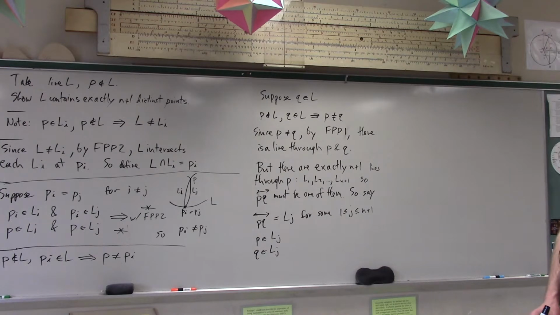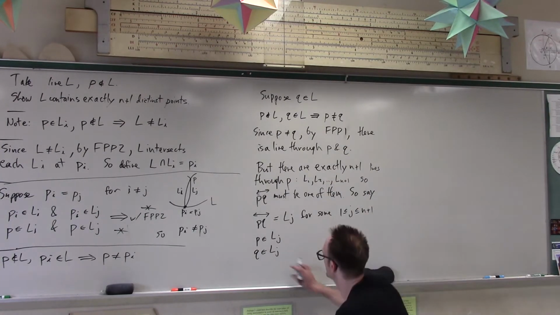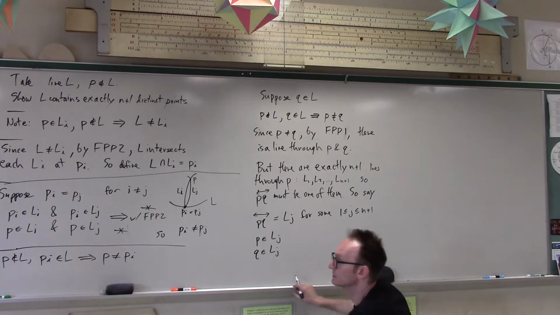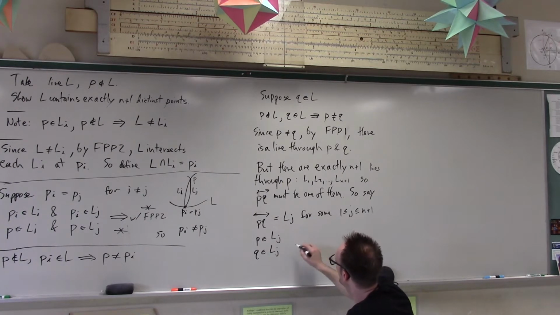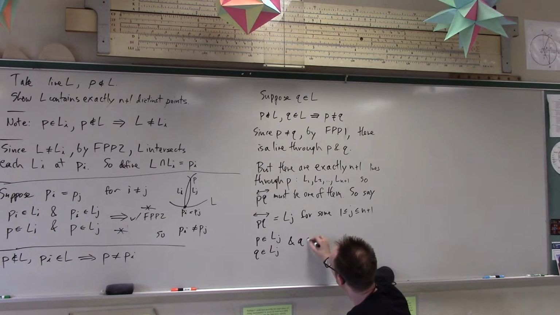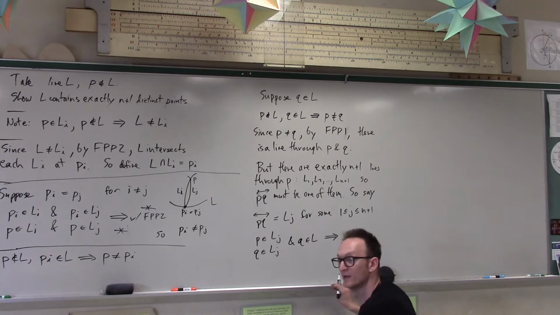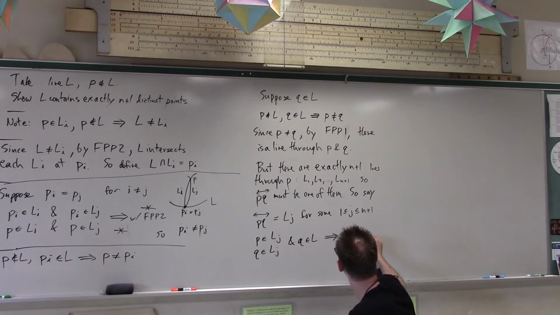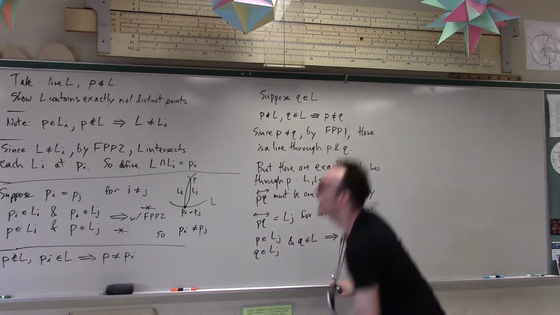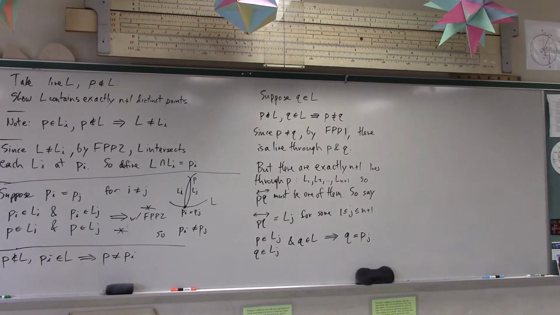But if P and Q are on L sub j, wait a second. You can say Q is the only intersection with L. Yeah, I'm stumbling just finishing it off, but you're exactly right. And Q is on L. So my conclusion is that Q just is P sub j.